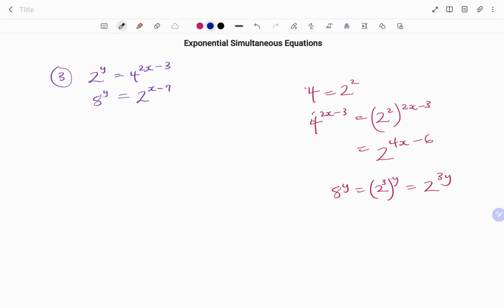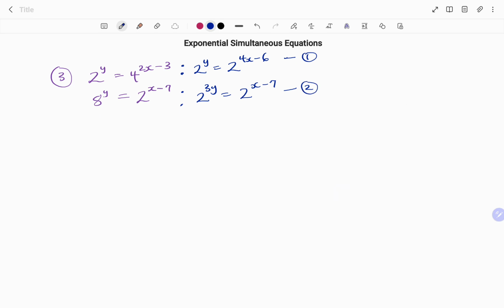So rewriting my equations, for the first one, I'm going to have 2 to the power of y equals 2 to the power of 4x minus 6. And the second equation, rewriting it, I'm going to have 2 to the power of 3y equals 2 to the power of x minus 7. That's my first equation, and that's my second equation.